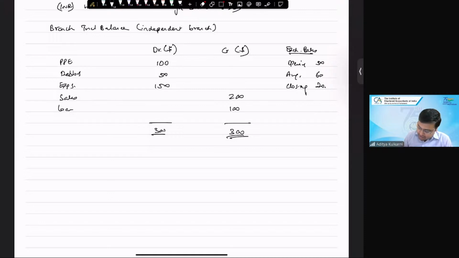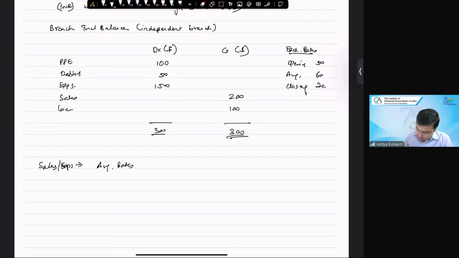The first rate is for your sales and expenses. What rate should I normally use for this? Average rates, right? Ideally, it will be the spot rates, but for convenience purposes, we do use the average rates.